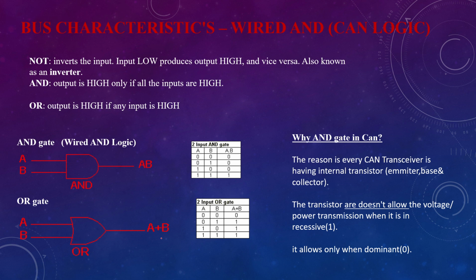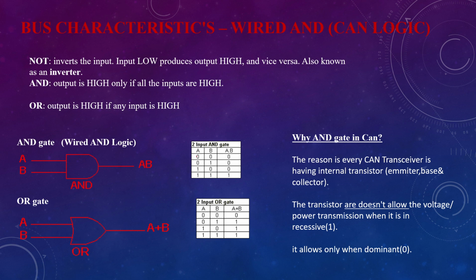So why is an AND gate used in CAN? The reason is that every CAN transceiver has an internal transistor with emitter, base and collector. These transistors allow voltage or power transmission only when the bit is recessive, and otherwise when it is dominant, zero. For example, here in an AND gate, the output C is a two-input AND gate.